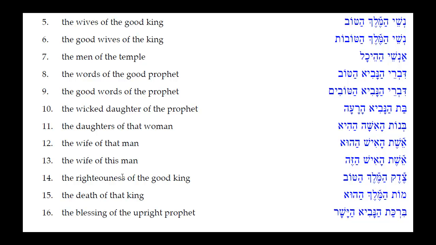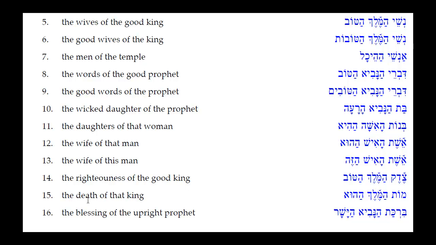So we say tzedek, and then of the king, hamelech. Tzedek hamelech. And then we put the attributive adjective that agrees with hamelech, hatov. So we come up with tzedek hamelech hatov, the righteousness of the good king.